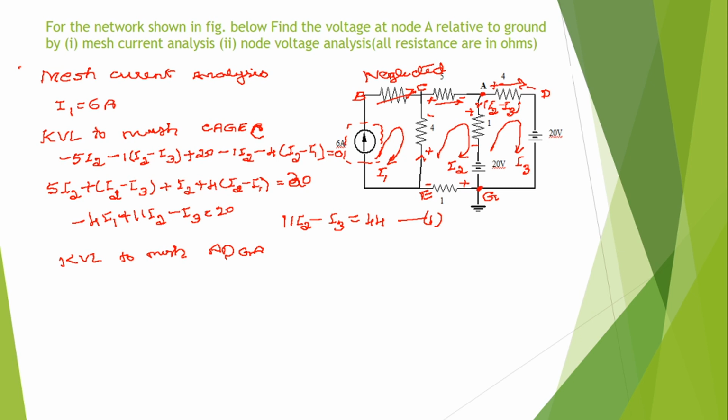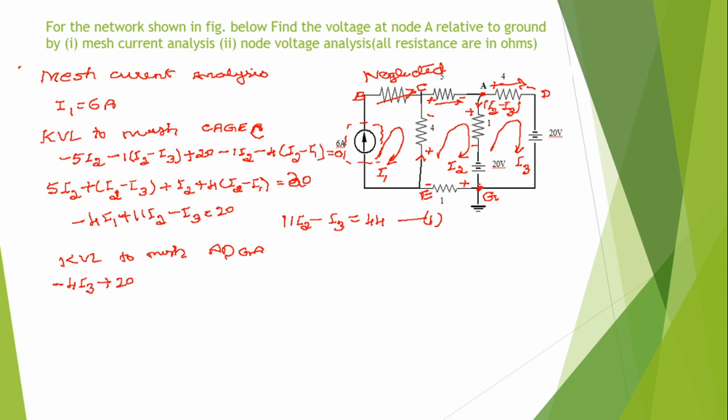So what is the voltage? Voltage falls, so it is minus 4 into I3. Now coming to this path, D to G. In this path, source voltage is present and the source voltage is rising, minus to plus, voltage rising, so positive magnitude. So here if I write, it is plus 20.